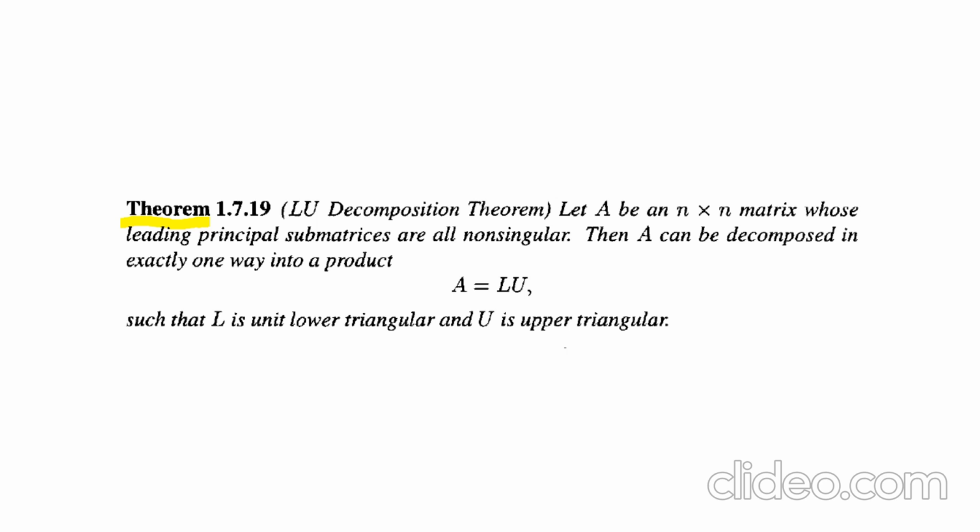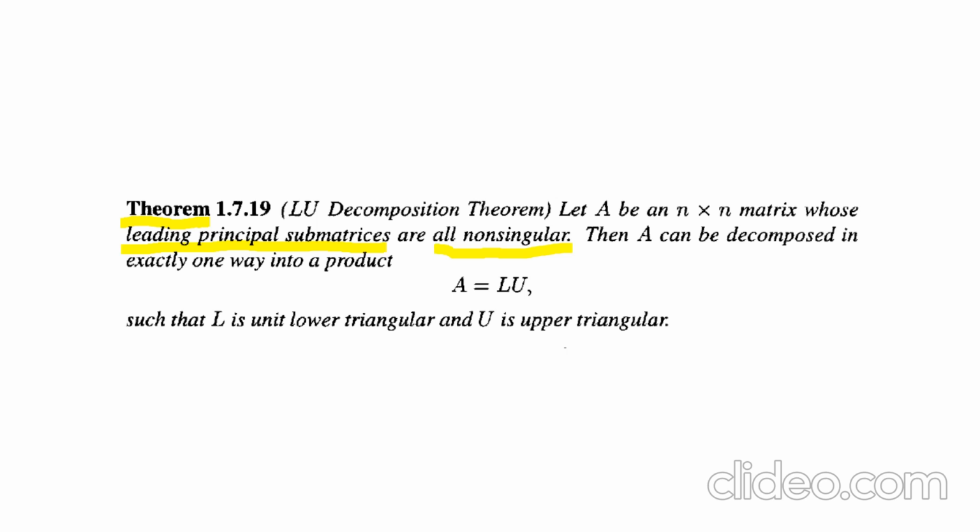We all are well aware of this term, leading principal submatrices. This is related with positive definite matrices, and if you see all the leading principal submatrices of A, they all are non-singular.